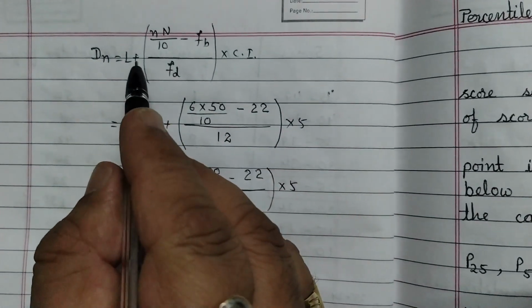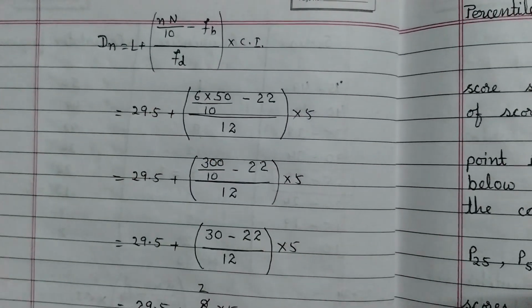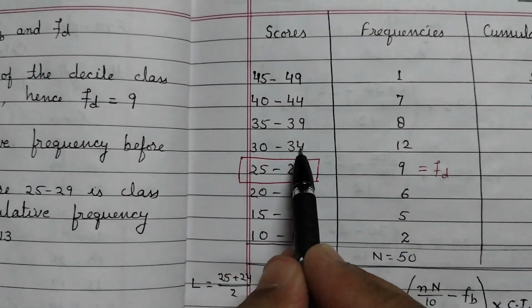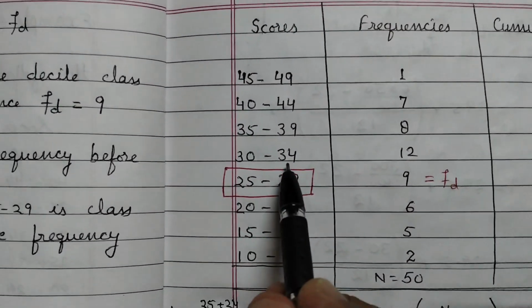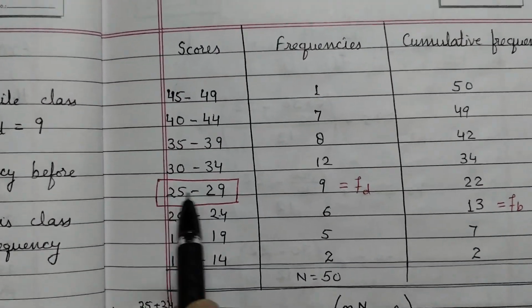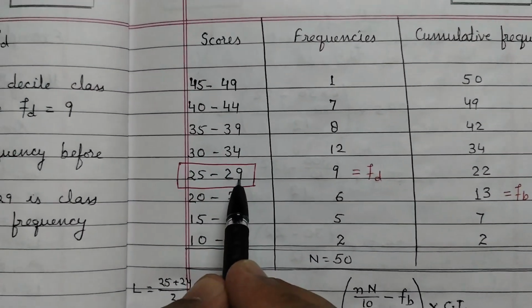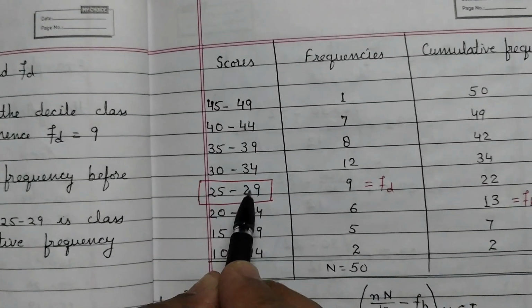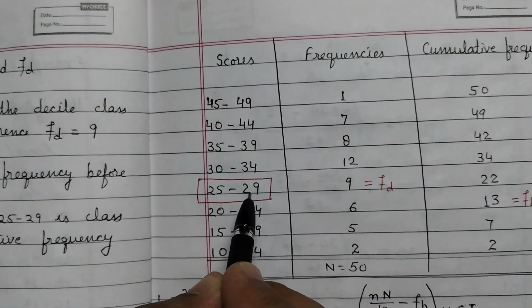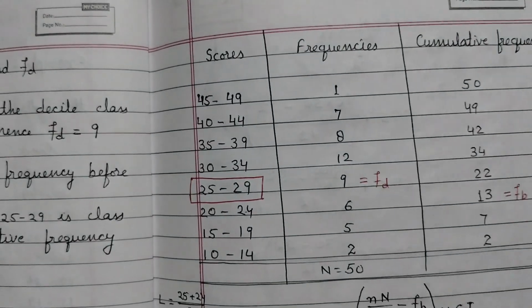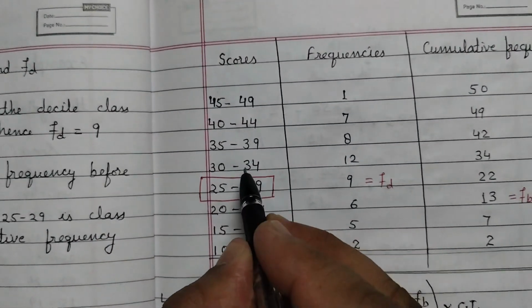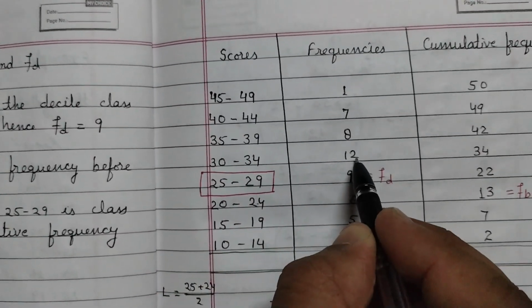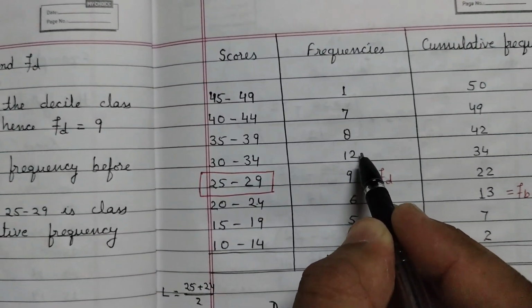Again, to calculate the lower limit L, come to the table. Here the decile class is lying in the class interval 30 to 34, and below this class interval is 25 to 29. So the exact lower limit is found like this: 30 plus 29 divided by 2, that is equal to 29.5. So L is equal to 29.5. The frequency of this class interval is 12, so the value of FD is 12.